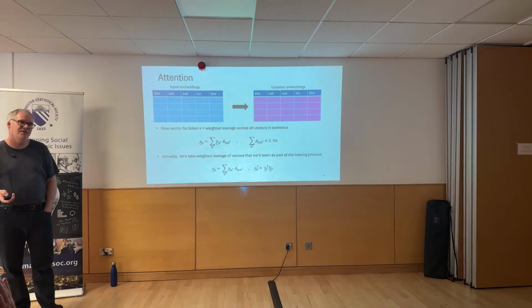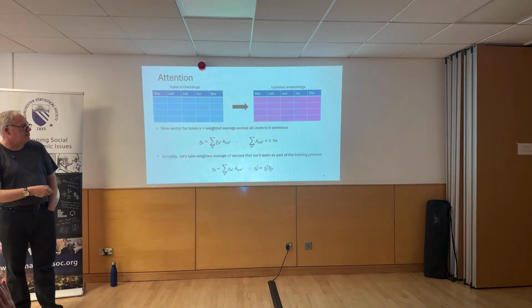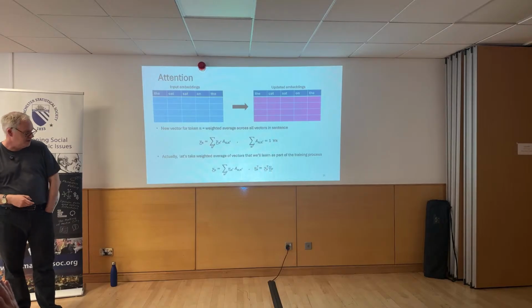I just view that matrix as some parameters in my model, and I learn it through a whole training process. So again, this is where I was saying I want you to be comfortable with the idea that a matrix represents a linear transformation. All I'm doing is taking my original columns, transforming them linearly to get some new vectors, and I just take a weighted average. Great. So this tells me how I construct these pink columns.